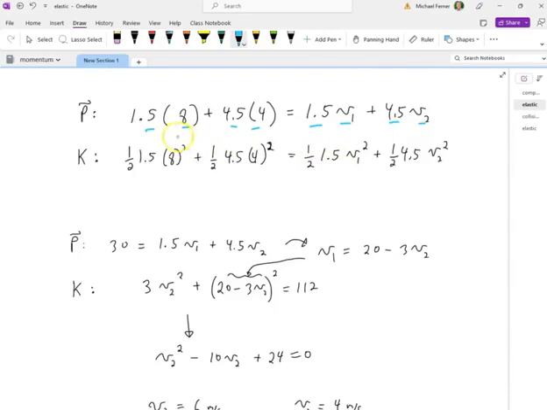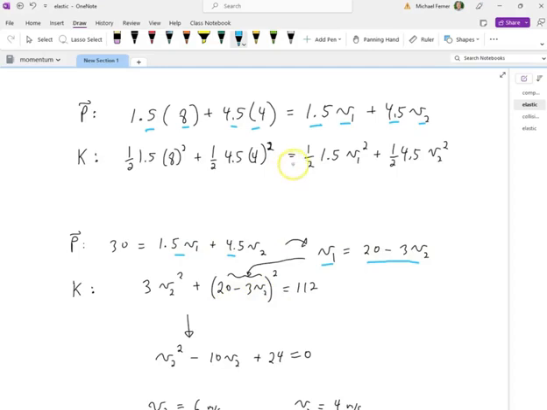Now, the momentum equation, if I simplify the left, I get 30, and the right I have repeated here. But for the purpose of algebra of simultaneous equations, I'm solving for v1, just dividing by 1.5 and bringing terms to the other side. I get 20 minus 3v2.